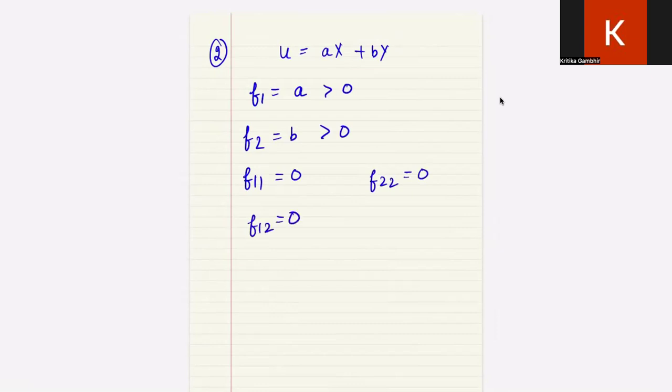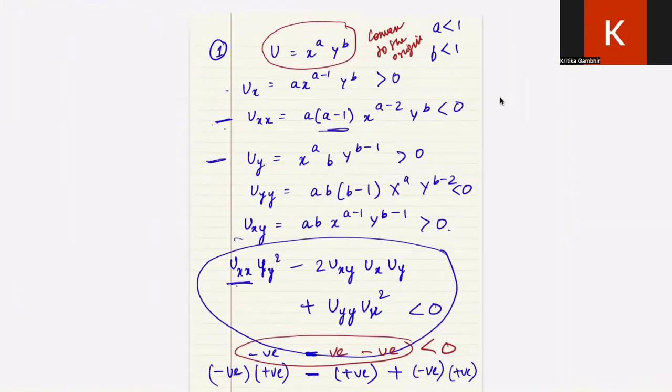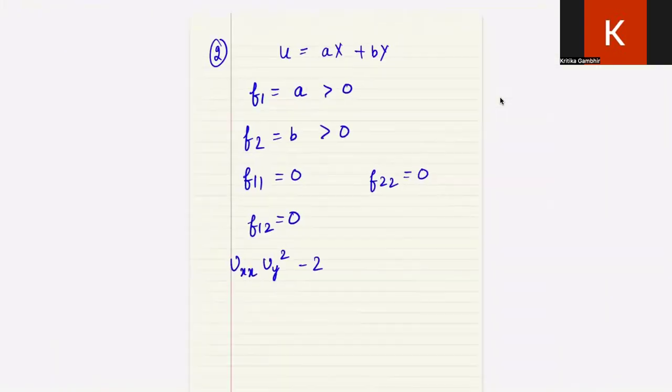In this, now let's use the condition u_xx u_y का square minus 2 u_xy u_x u_y plus u_yy u_x का square, and this would be, right, less than 0.